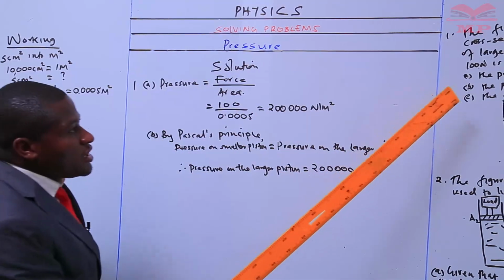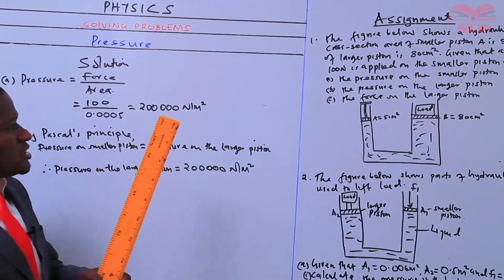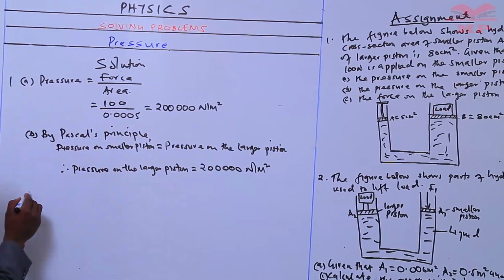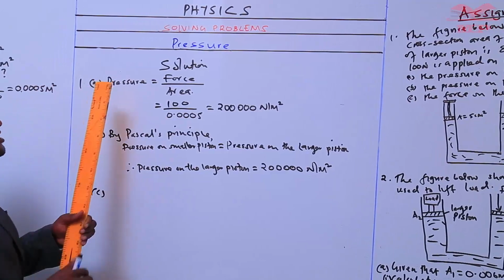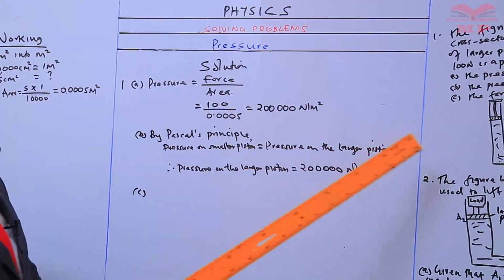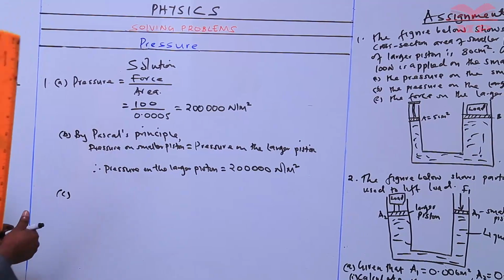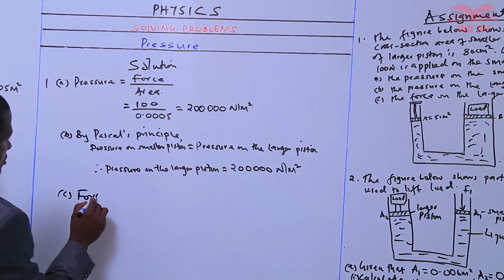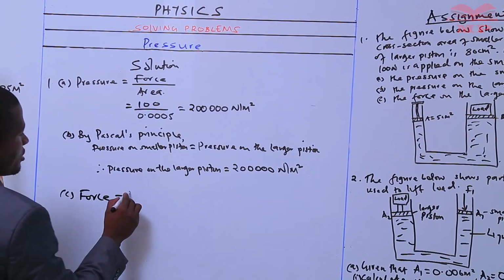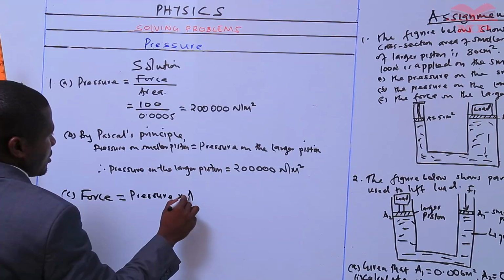And the last part, the force on the larger piston. That is part C. From the general equation, pressure is equal to force over area. But when you are being asked to determine force, then force is given by pressure times area.